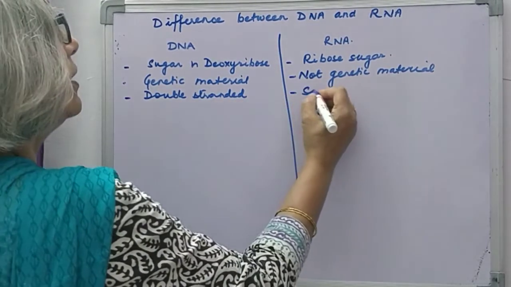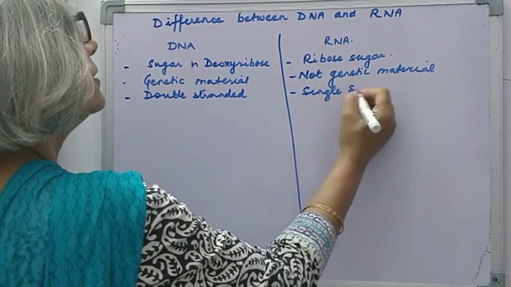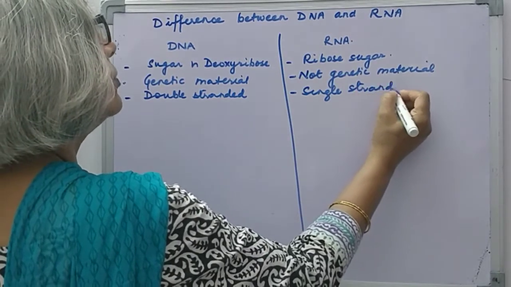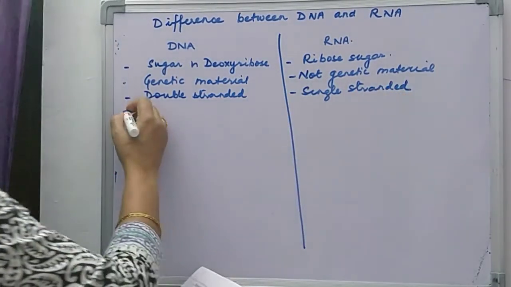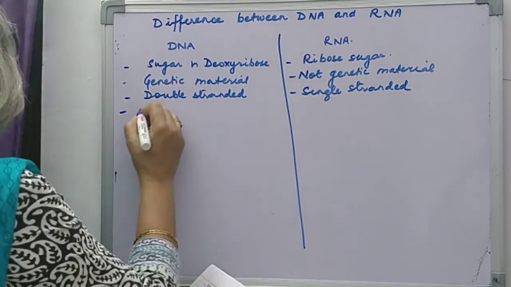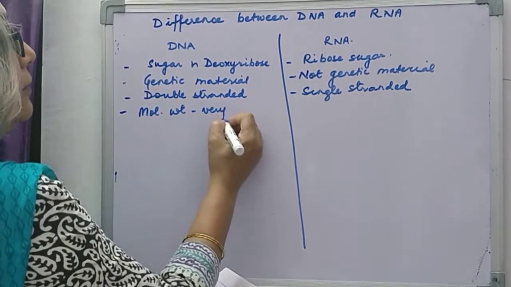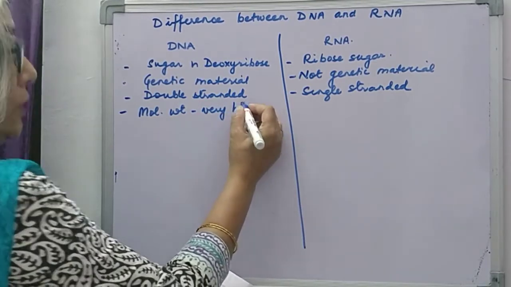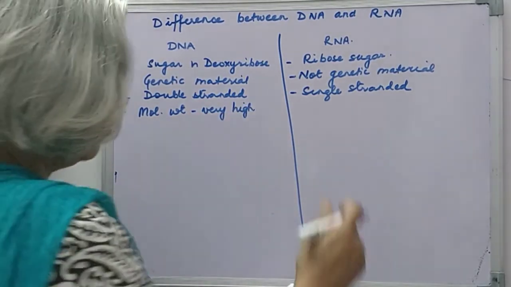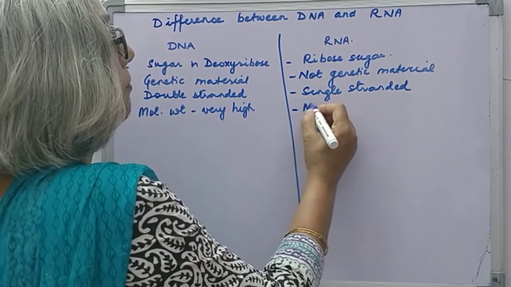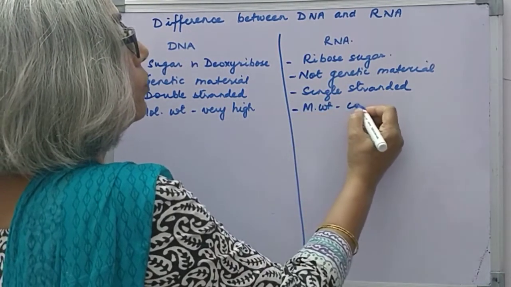RNA is a single-stranded molecule. The molecular weight of DNA is very high, whereas the molecular weight of RNA is comparatively low.